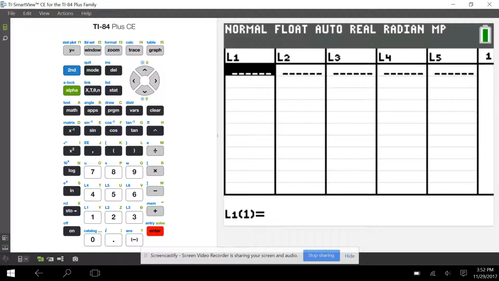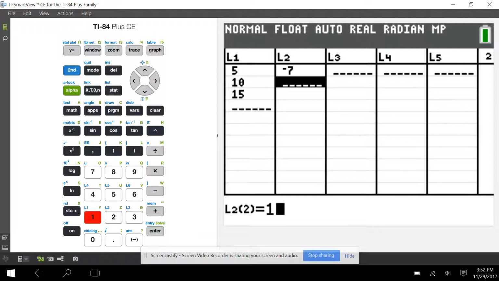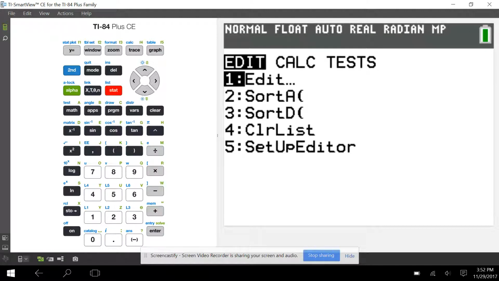So I'm going to put in 5, 10, and 15 for my X values for number 1, and I'm going to put in -7, -10, and -13.